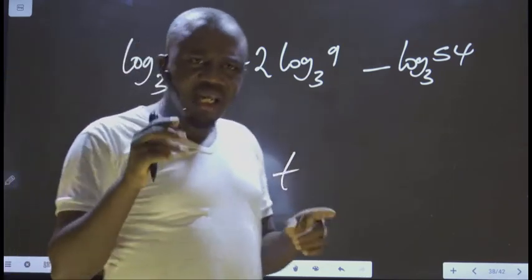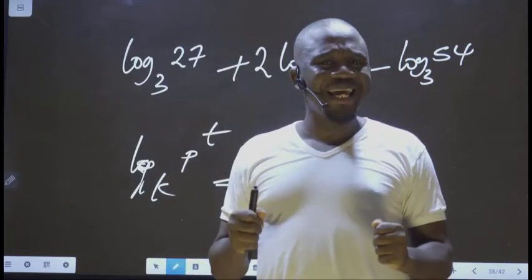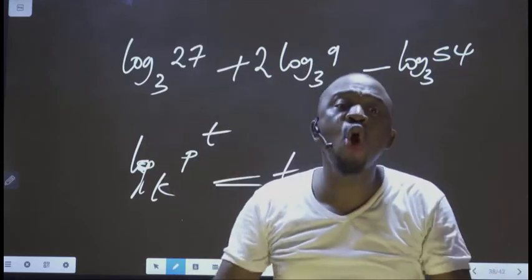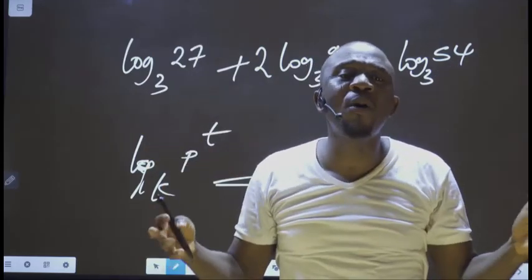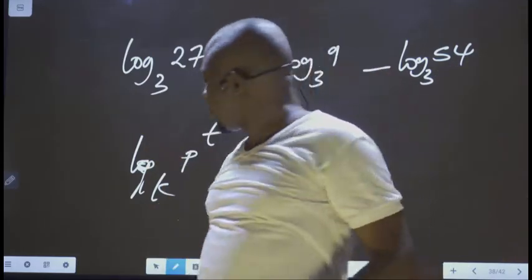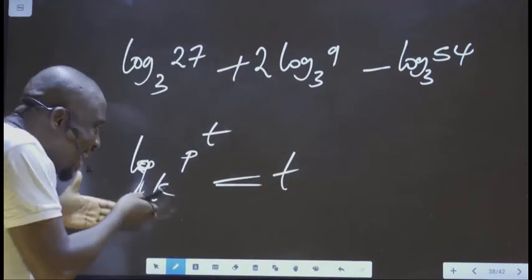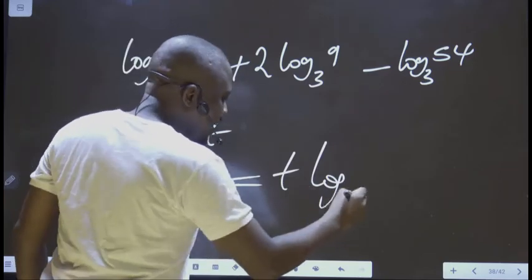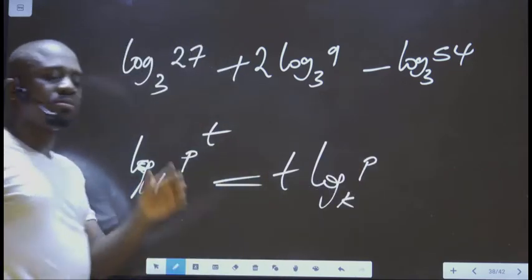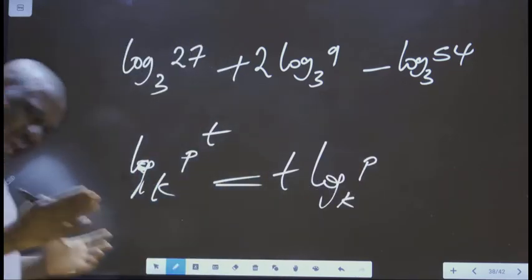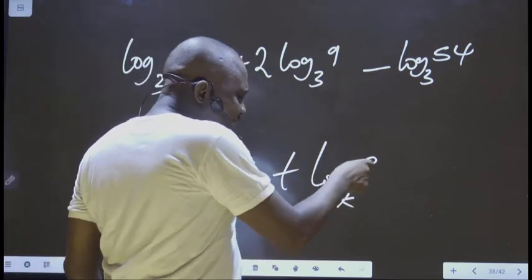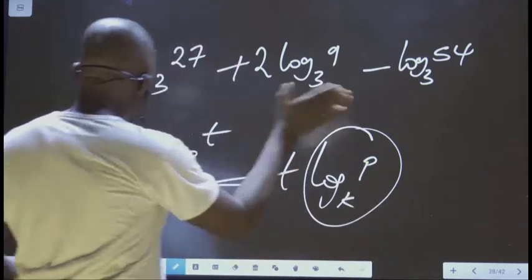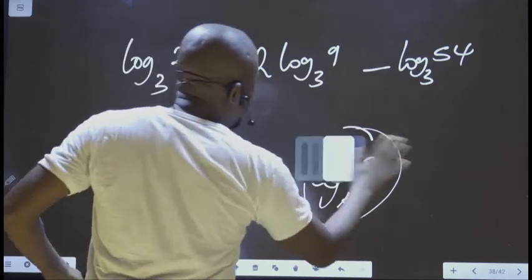If you are the same person with Mr. K, you are carrying somebody, and that person is carrying somebody, you will be begging for what? For help. The only way you can help K is for T to come down so that these guys cannot be alone. Assume this and this were the same, you convert all this to 1. So that's what we're going to use to solve all these questions.